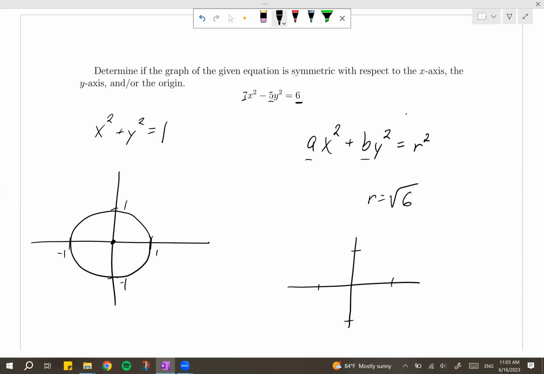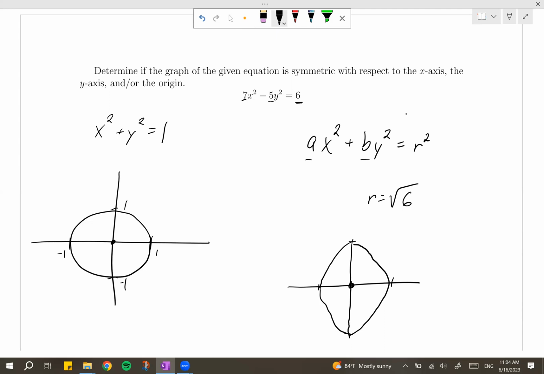Oh, excuse me, an oval or an ellipse. It would look something like oblong-ish. Let me see if I can do a little better. It would kind of look a little bit like this. Kind of like an oval centered at the origin.